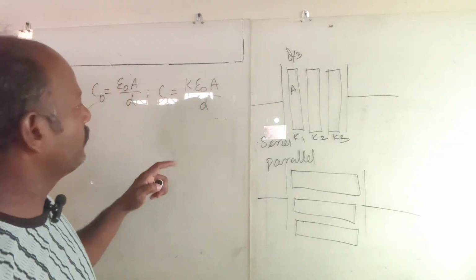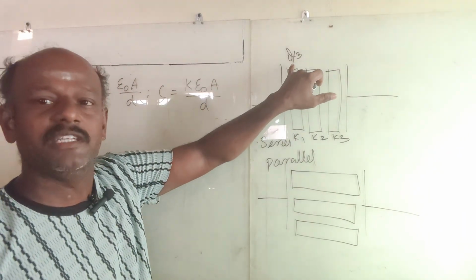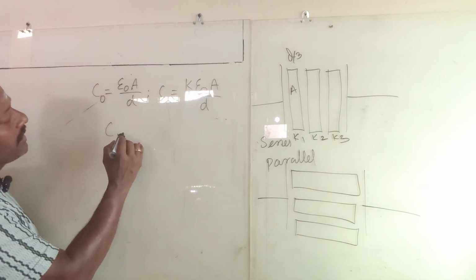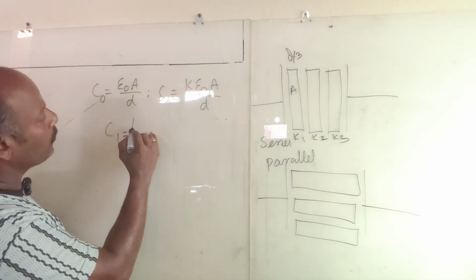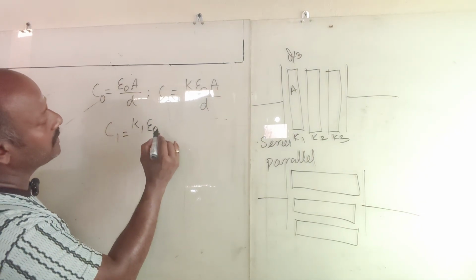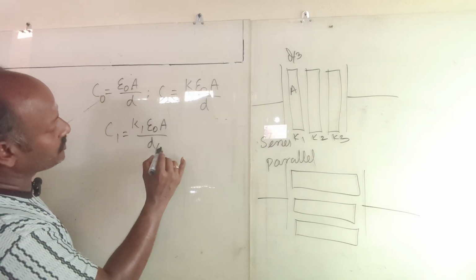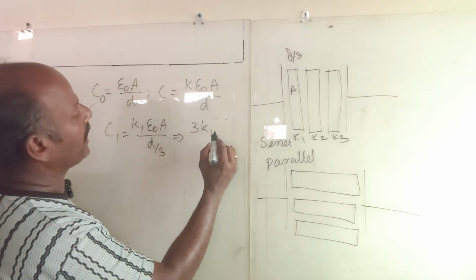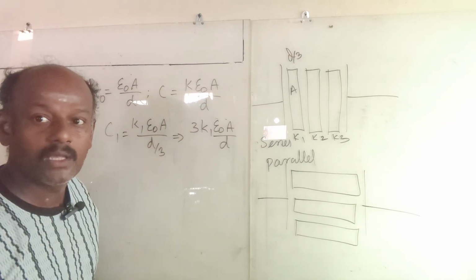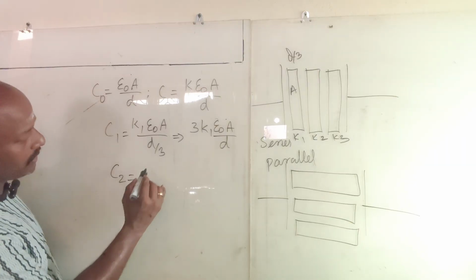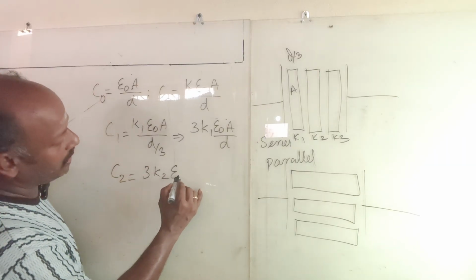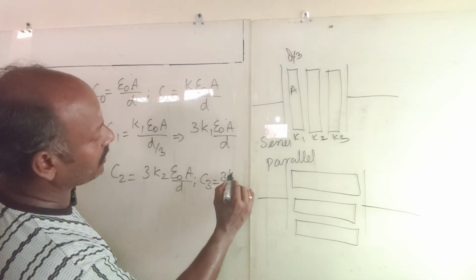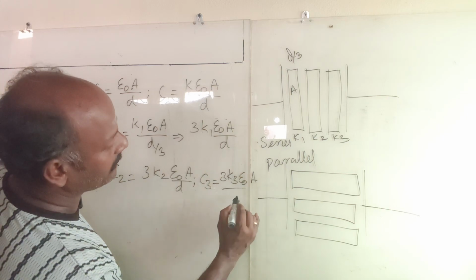In this case, each has thickness D by 3 and area A. So C1 will be equal to K1 times epsilon naught A divided by D by 3, that means 3 times K1 epsilon naught A by D. Similarly, C2 is equal to 3 K2 epsilon naught A by D, and C3 is equal to 3 K3 epsilon naught A by D.